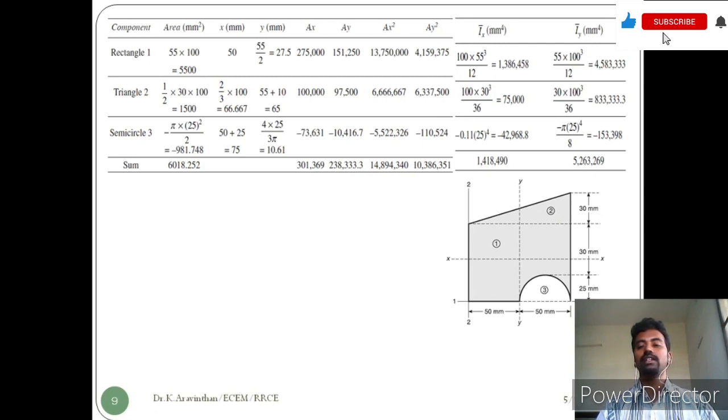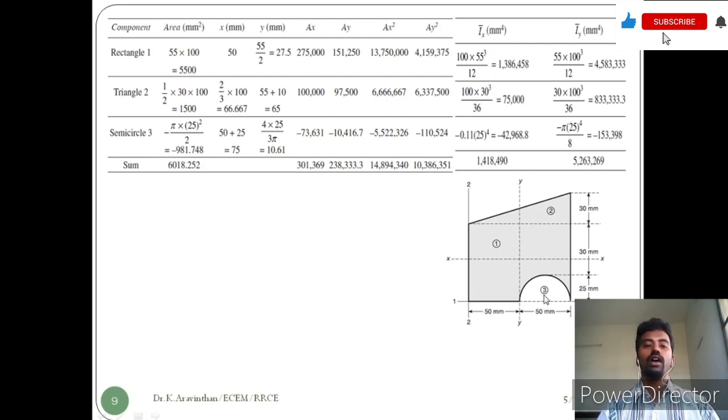The total height is 30 mm, so 1/3 of 30 is 10 mm. You have to consider from the base. So 55 plus 30 by 3, which is 10, so that is 65.